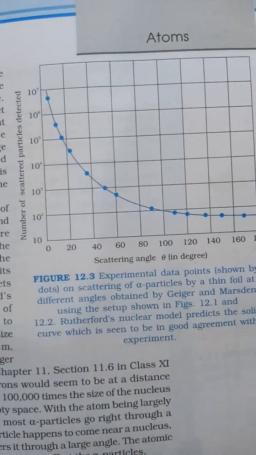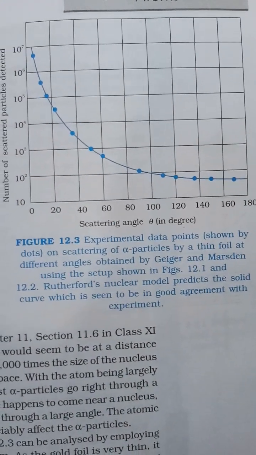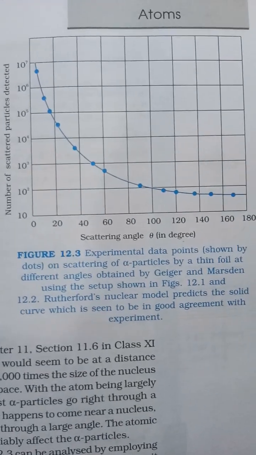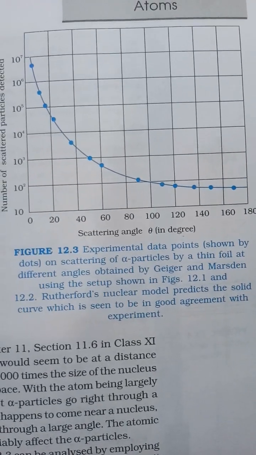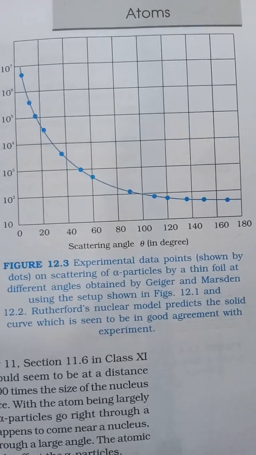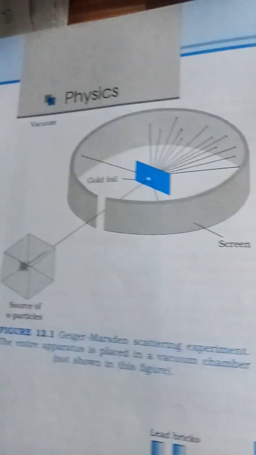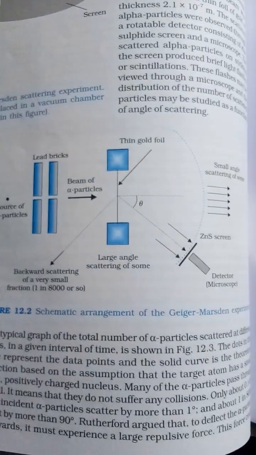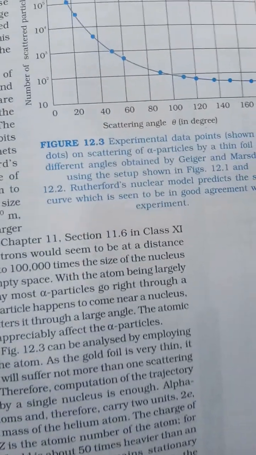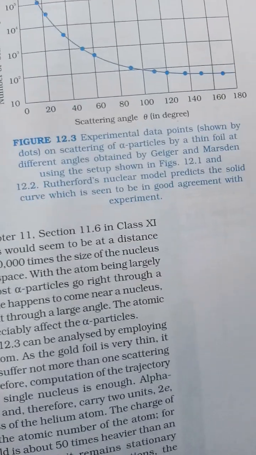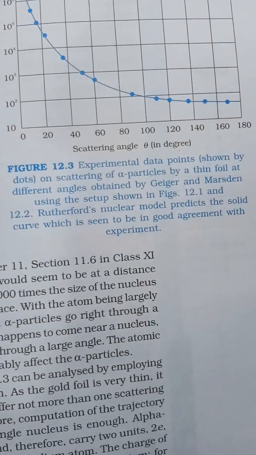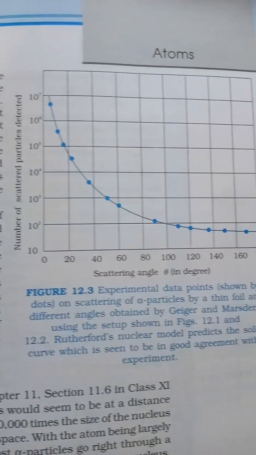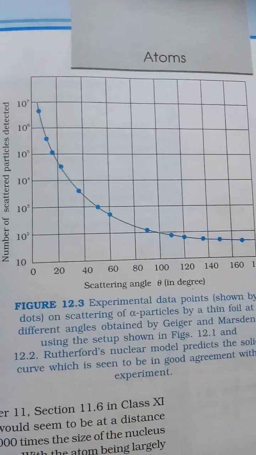When you study the experimental data points, shown by dots, on scattering of alpha particles by thin foil at different angles obtained by Geiger and Marsden using the setup shown in figures 12.1 and 12.2, Rutherford's nuclear model predicts the solid curve, which is seen to be in good agreement with experiment. The chapter comes under Atoms, of the NCERT book, physics class 12.